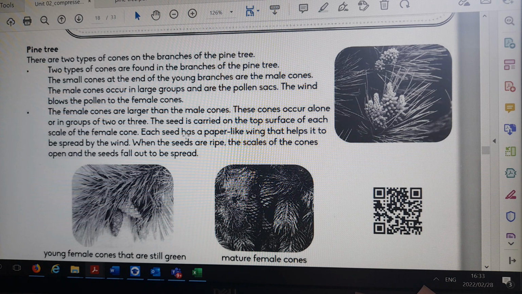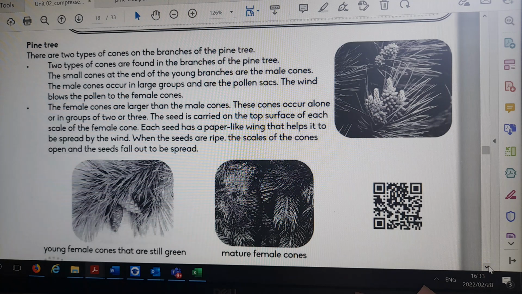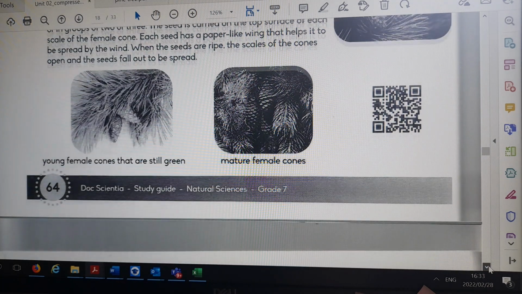Each seed has a paper-like wing that helps it to be spread by the wind. When the seeds are ripe, the scales on the cone open and the seeds fall out to be spread. I will explain this. Let us just try to go on.